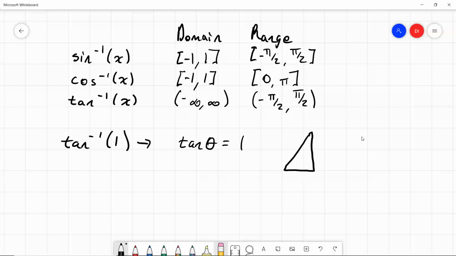But it all went away, as it does. So we can draw a special right triangle like the one I just did and see that tangent of π/4 gives us 1. And in fact, this is the answer. So the inverse tangent of 1 is π/4. And this is something that you should be careful of, right?